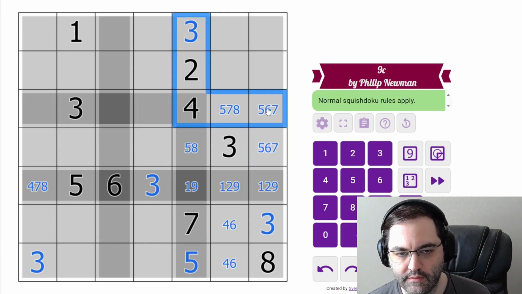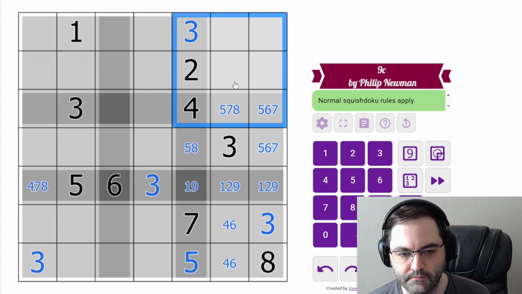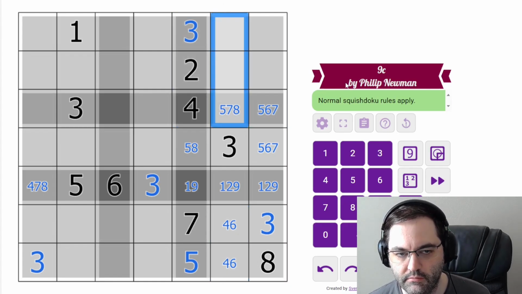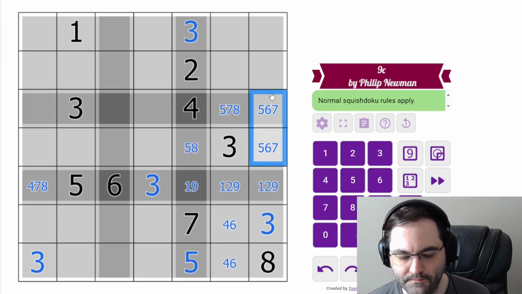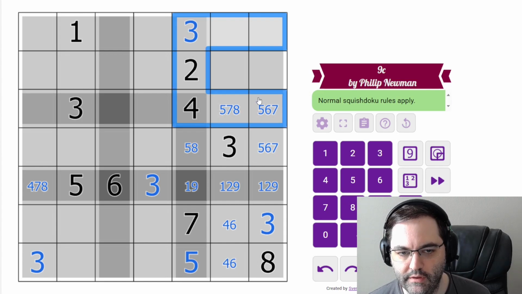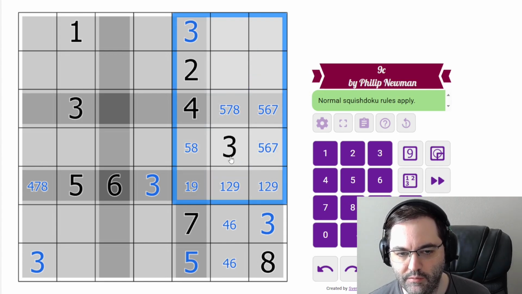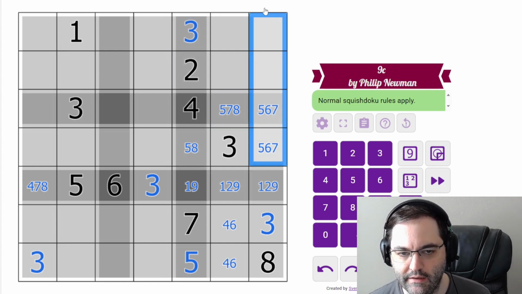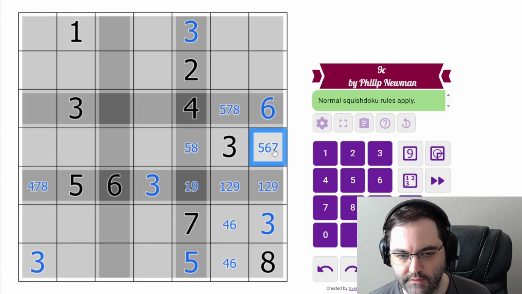So now where does 6 go in this box? We have a 4, 6 pair here, so it's not in these cells. And it's not in these cells because 6 is in one of these. So basically we need a 6 here because both of these boxes have to be satisfied by a 6 in this column. This is 6.